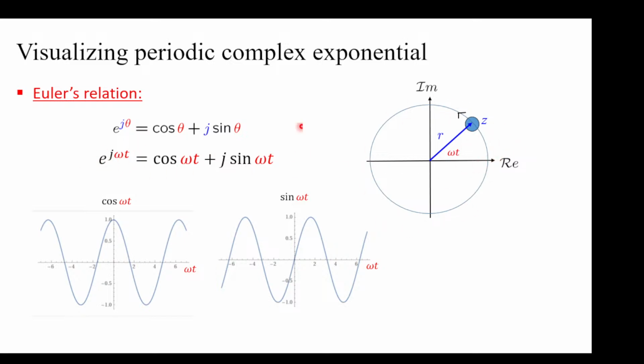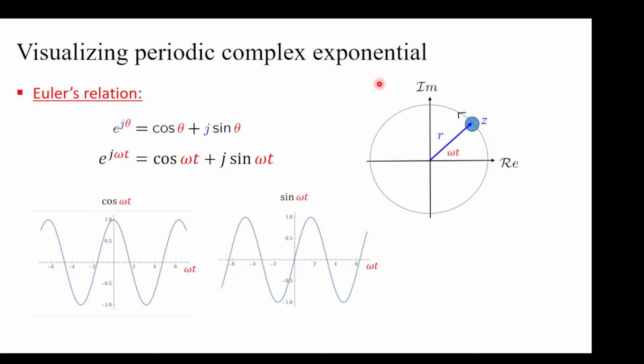This is in polar form, so you can think about this e to the j omega t point. So this z is e to the j omega t. It has some r and it has some omega t. And r will be 1 because we have 1 here. And this omega t will obviously increase with time. So this complex point will move on this unit circle throughout time, because omega t is going to increase with time.